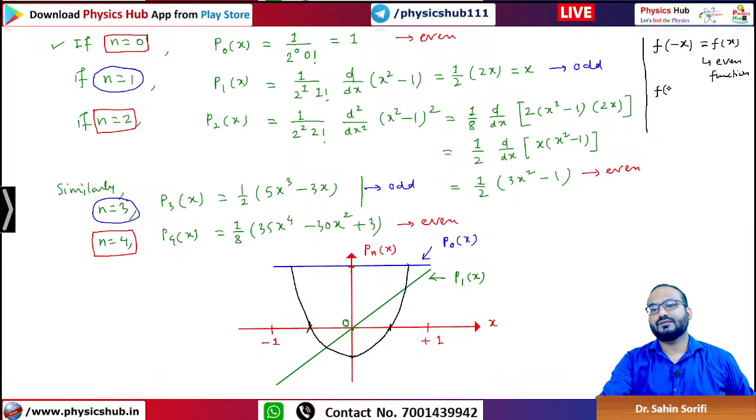And if you get f of minus x equal to minus of f of x, then you can say that the function is an odd function. For P1, if you put minus x, it becomes negative, so this is odd. But for this, x square is there, so if you put minus x, it doesn't change. You get back f of x, that is why they are even.